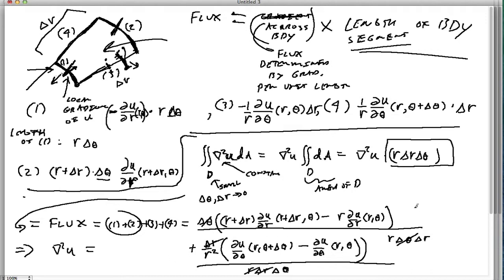Now, putting that all together, we see as we take delta theta and delta r going to 0, notice that this is somewhat like a derivative. We're going to have to go to a new sheet of paper here.